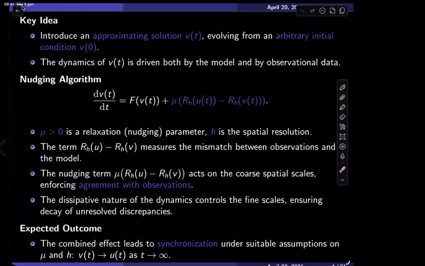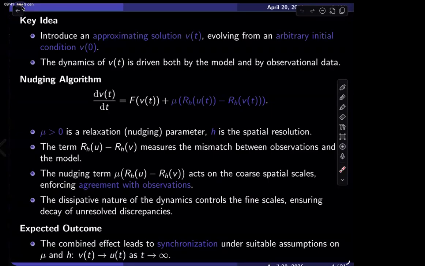So the idea is that you collect your measurements and you continuously insert your measurements into the system, and you force the approximation to agree with these observations. And in front of this term, you have a parameter mu, which is called the nudging parameter, and somehow represents the speed of convergence of this approximation. And as I said before, h is the spatial resolution of your measurements.